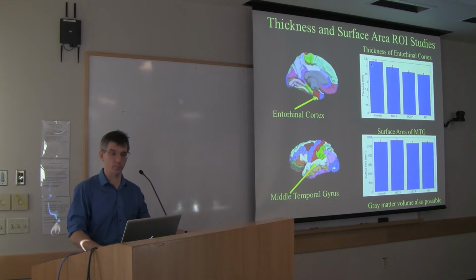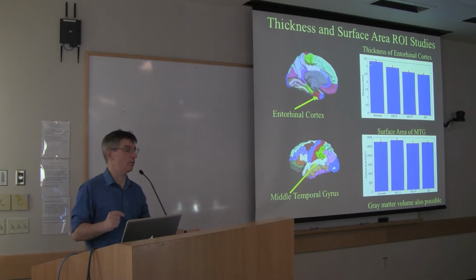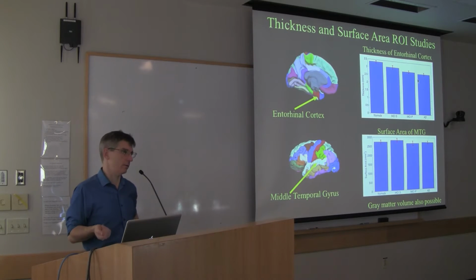The first group is about 3.4 millimeters thick on average in entorhinal cortex. As you can see, the two healthy groups have a thicker entorhinal cortex, and the AD groups have a much thinner one. It is known that entorhinal cortex becomes devastated in AD.